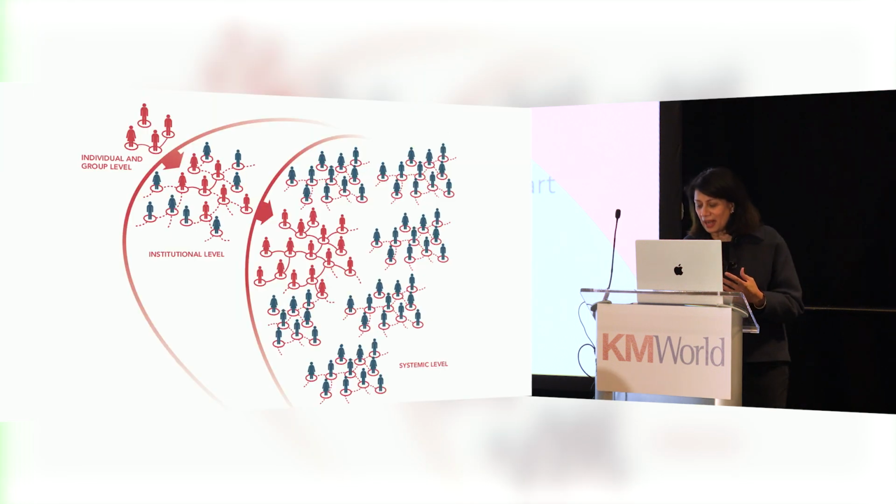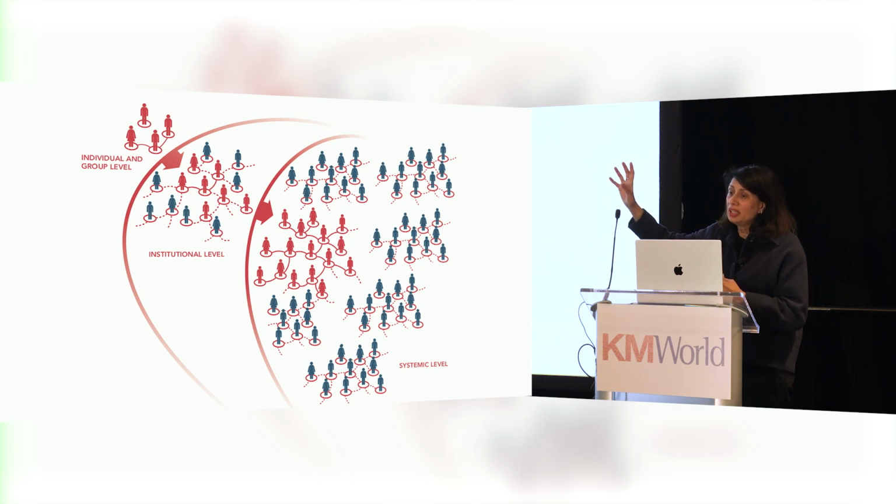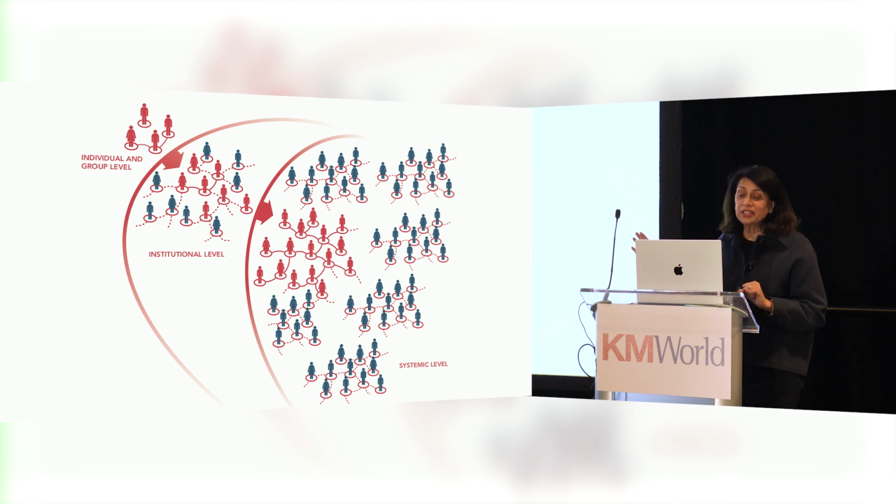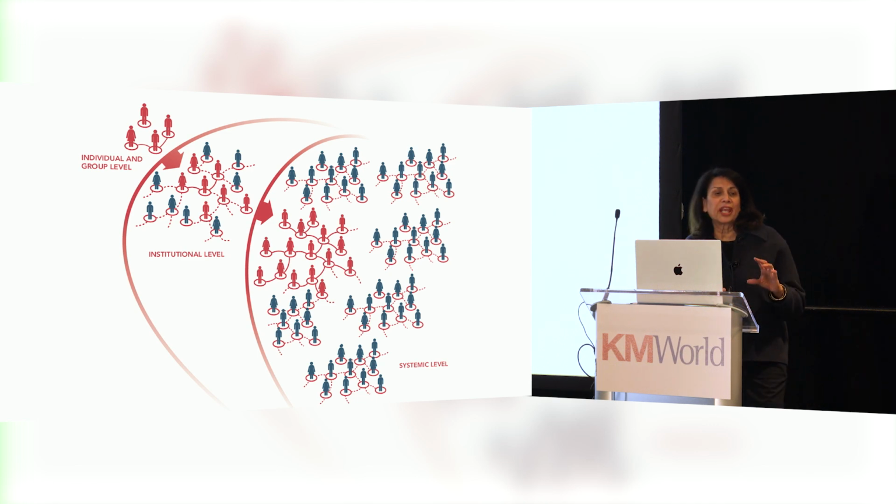And when done right, it can increase the capacity, conviction, and confidence of individuals to implement reforms. But they have to meet with a broader enabling environment, and if they do, they're able to also affect change at the institutional and the systemic level.